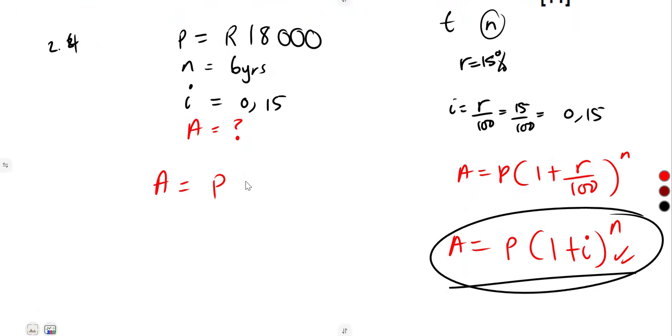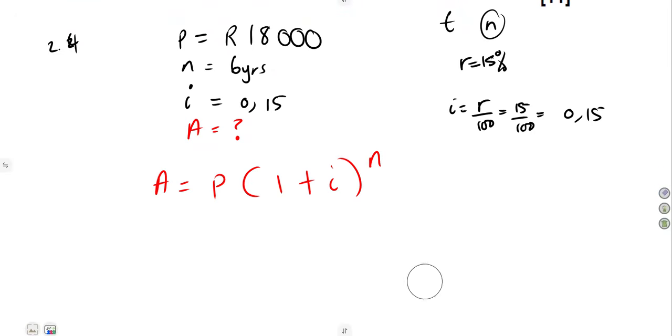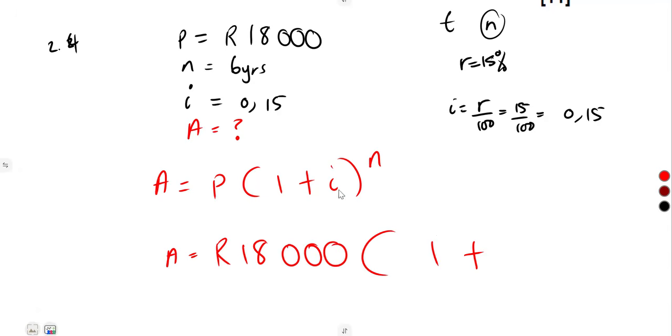Amount is equal to P into 1 plus I to the exponent of N, where P is the principal amount invested, 18,000, into 1 plus I, there is what? A decimal, 0,15, to the exponent of N, the number of years, 6 years.